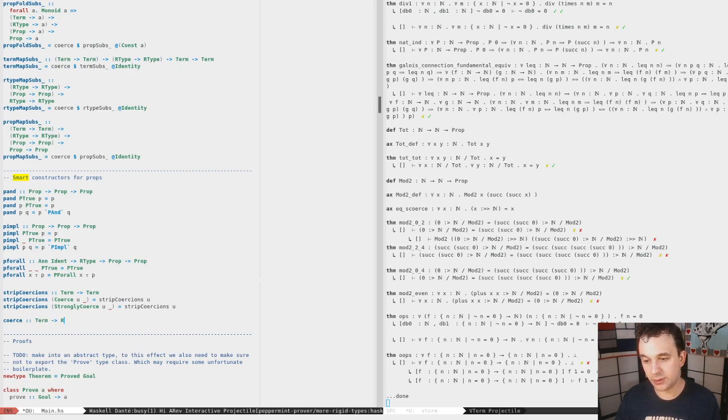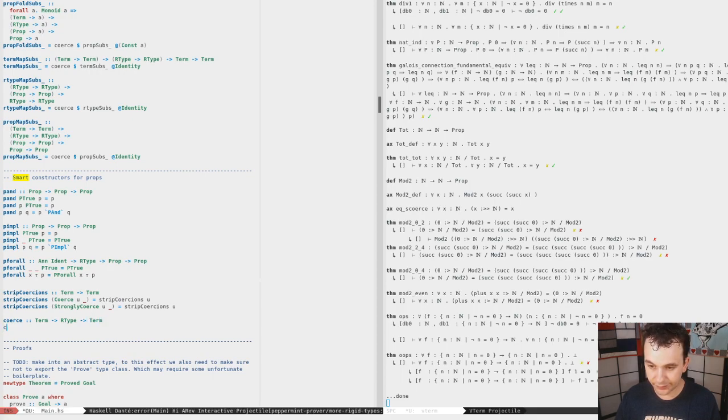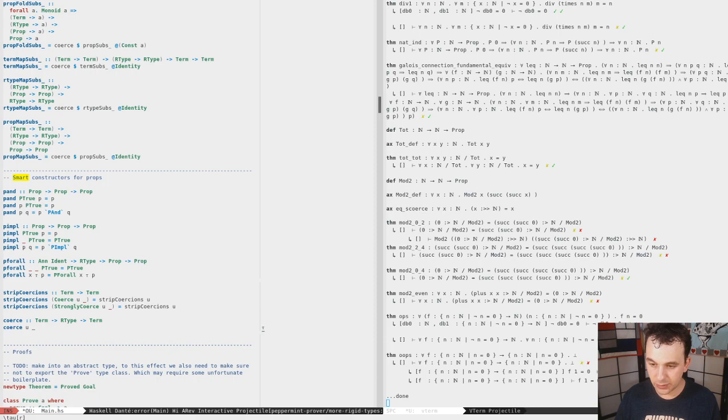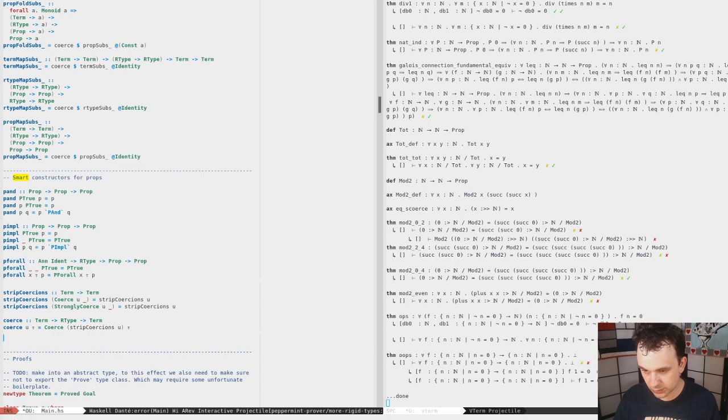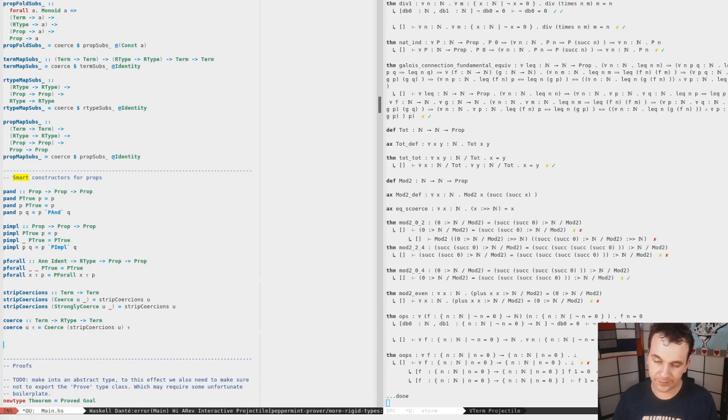Term to R-type term. Coerce u to equals coerce of strip coercions u to, and strongly coerce.